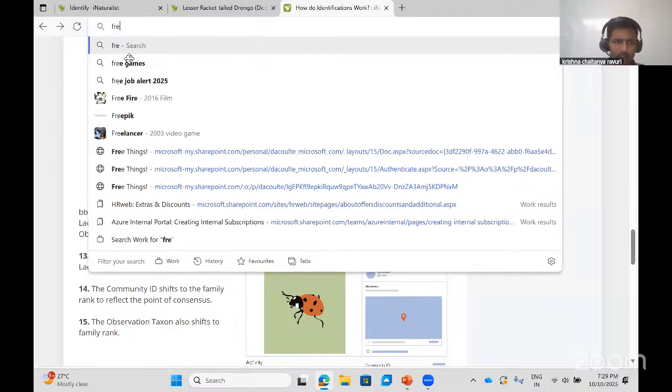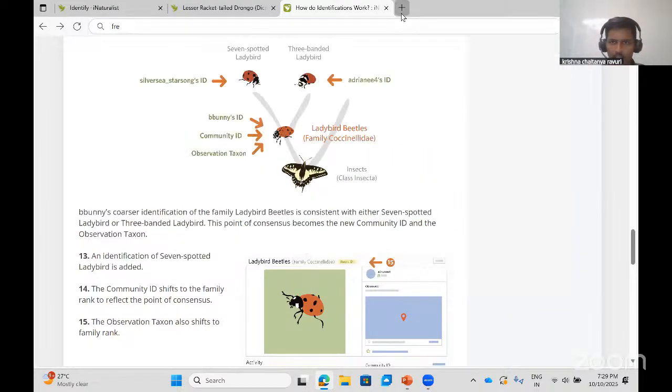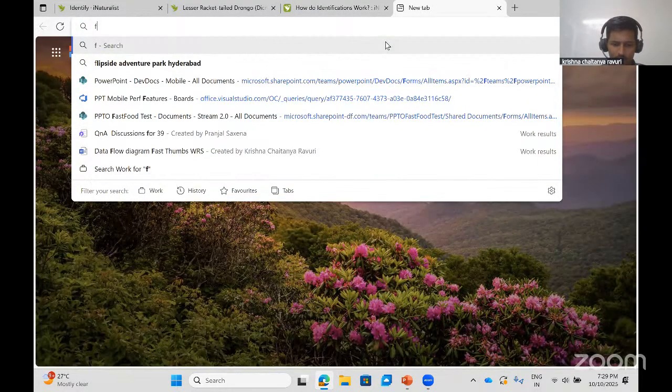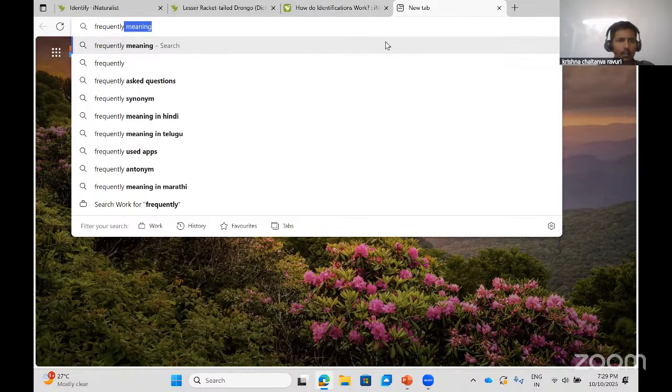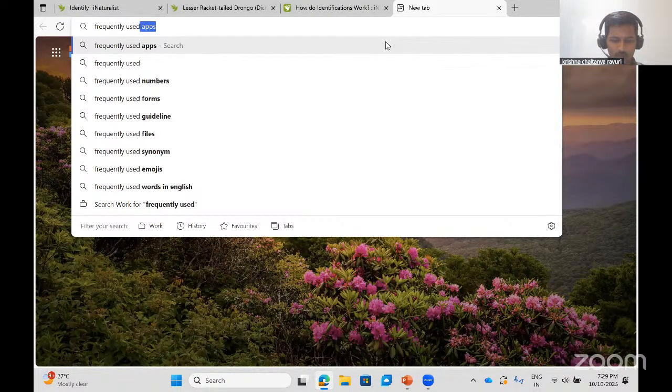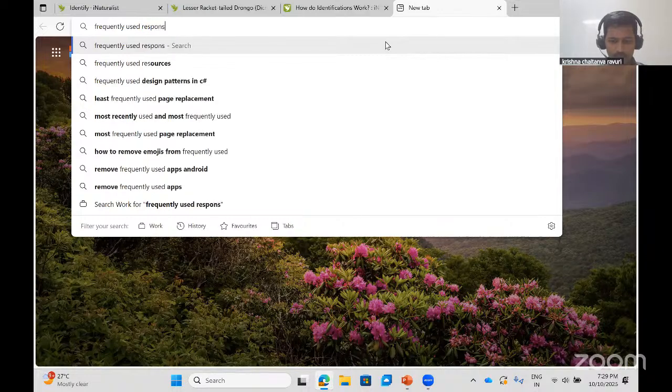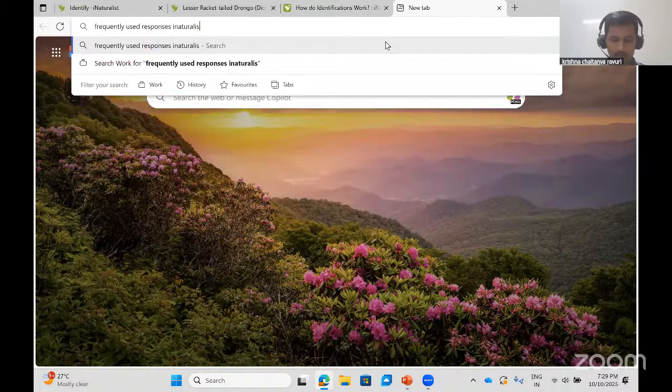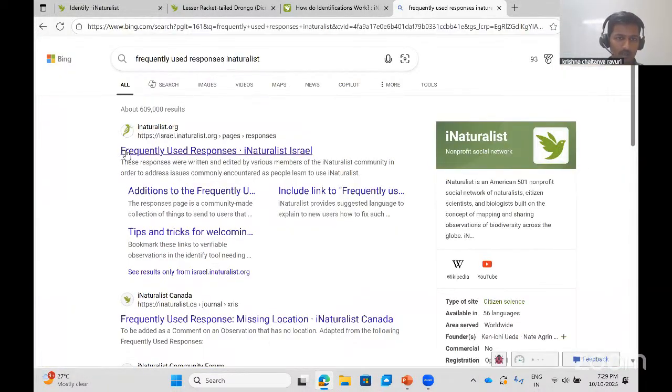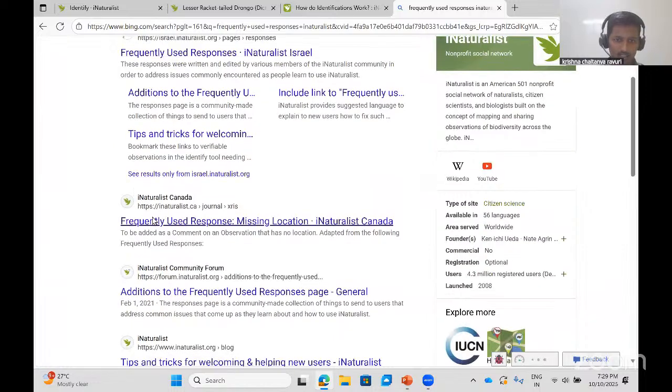So there are some frequently used responses on iNaturalist. You can keep this website handy, and we can do it on a new tab.